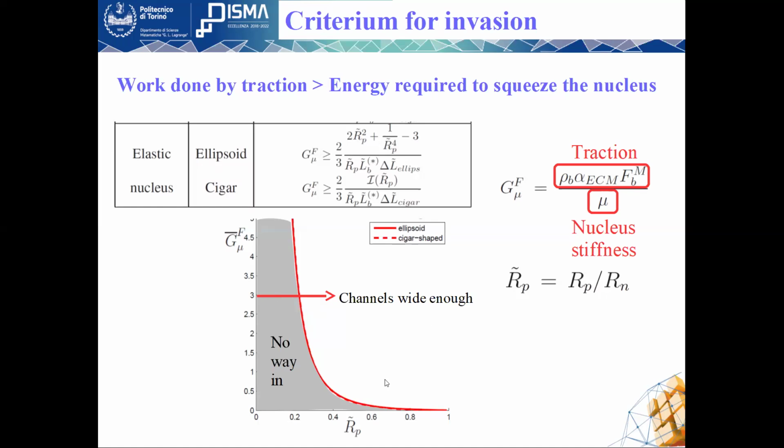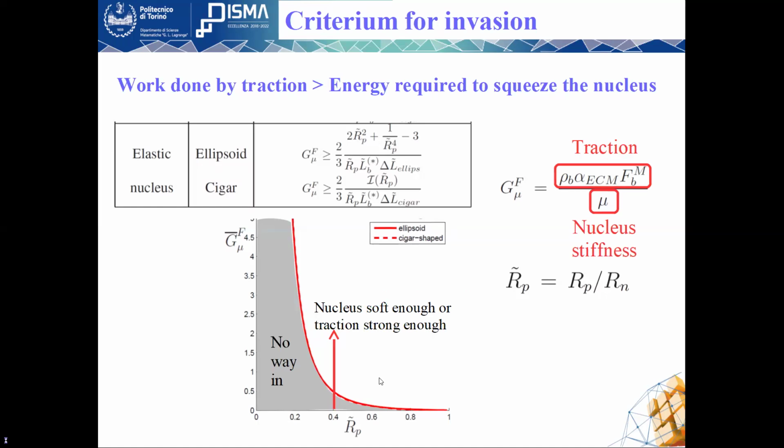But probably the most interesting part is what you realize when you look at the other side. Assume that you have a regular gel, a cubic lattice, and a population of cells, some with a soft nucleus and some with a stiff nucleus. If you have a stiff nucleus, this G is small, so you might be here in the gray region, and they will not be able to move, as in the movie of the gel that I showed.